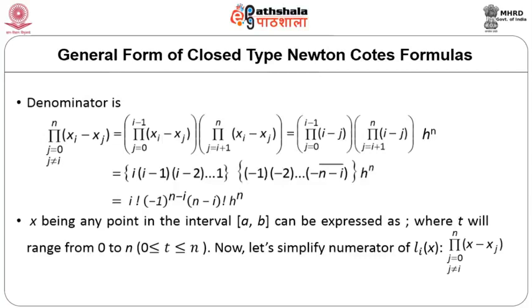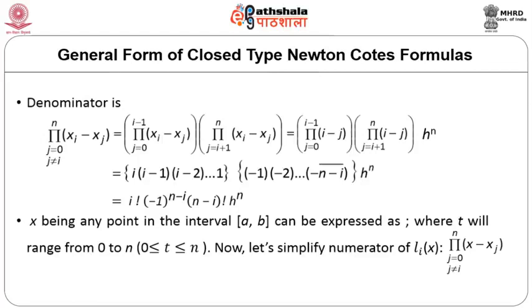So I get minus 1, minus 2, minus 3, up to finally j is n, so it is i minus n, or that we can write as minus of (n minus i). And all these terms, h of course is common there. So we get the result.